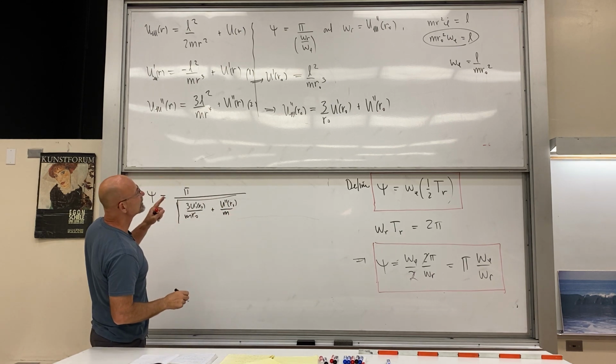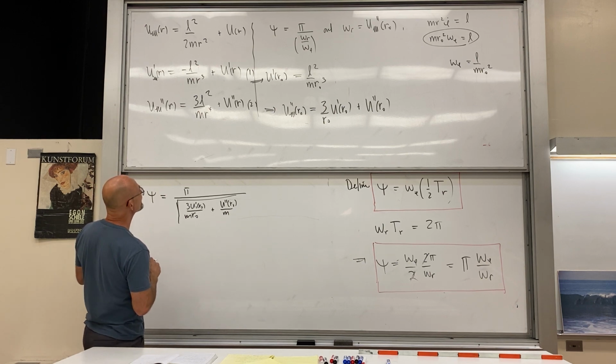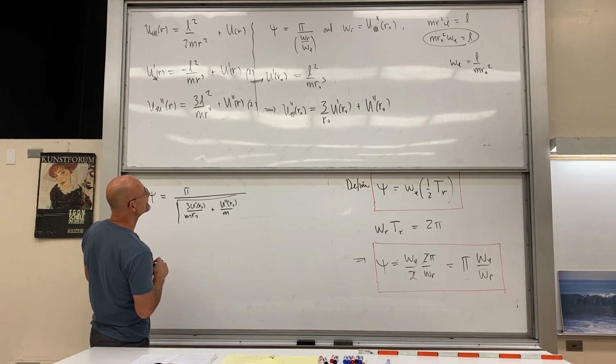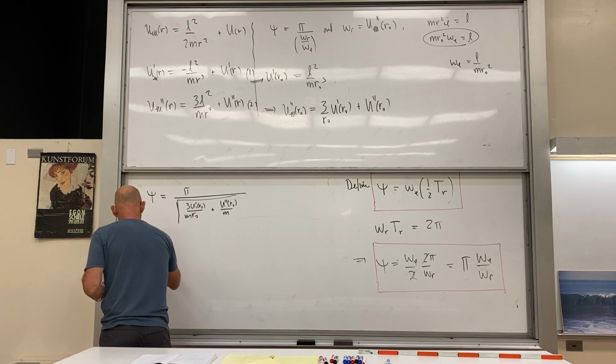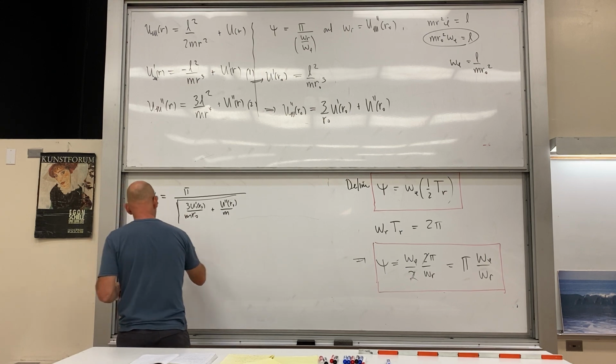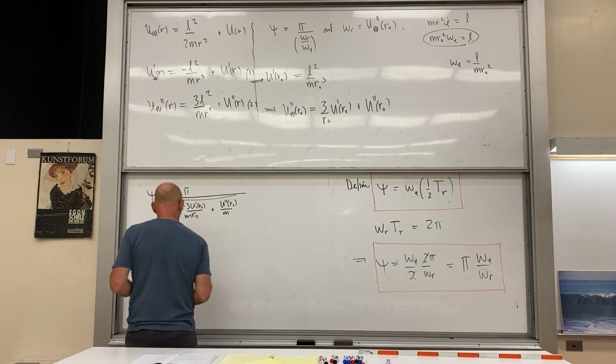And then the omega sub phi here, L over m R naught squared. Actually, we want U prime of R naught is equal to m R naught omega sub phi squared.